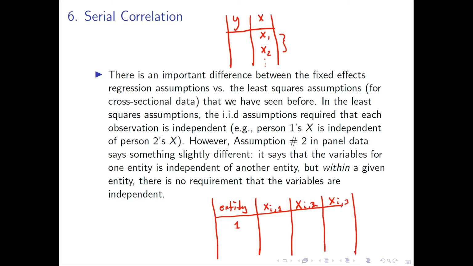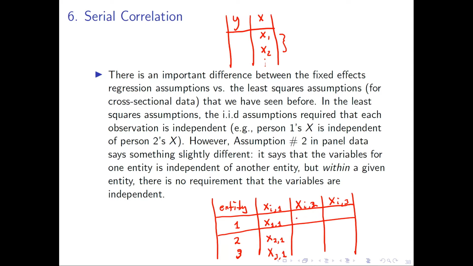So the i stands for the entity, and the time period is here, 1, 2, 3. So you have x1,1 here, you have entity 2 here, entity 3, which means that here you have x2 period 1, x3 period 1.